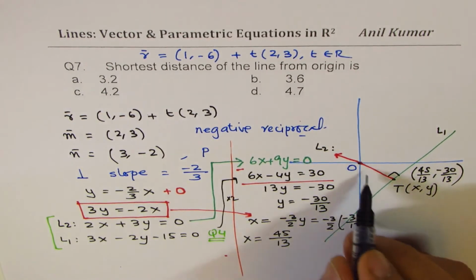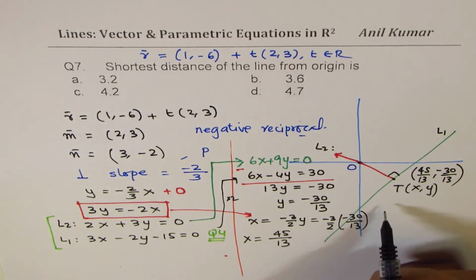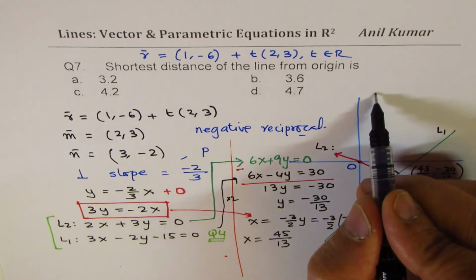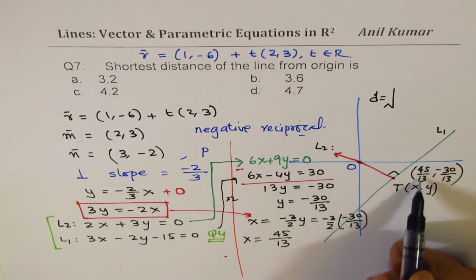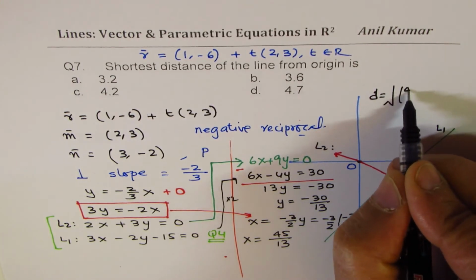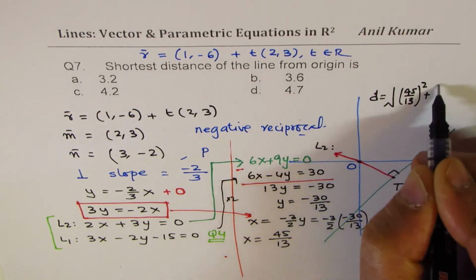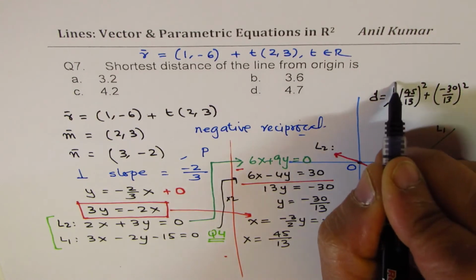And therefore the distance OT can now be clearly found as distance d equals the square root of 45 over 13 squared plus minus 30 over 13 squared. Is it okay?